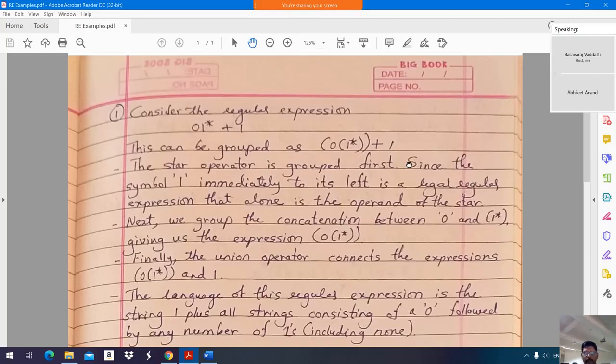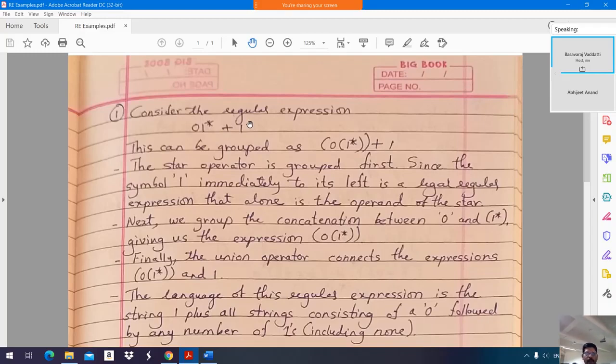Okay, fine. Now the next question is, what is the language accepted by or represented by this regular expression?